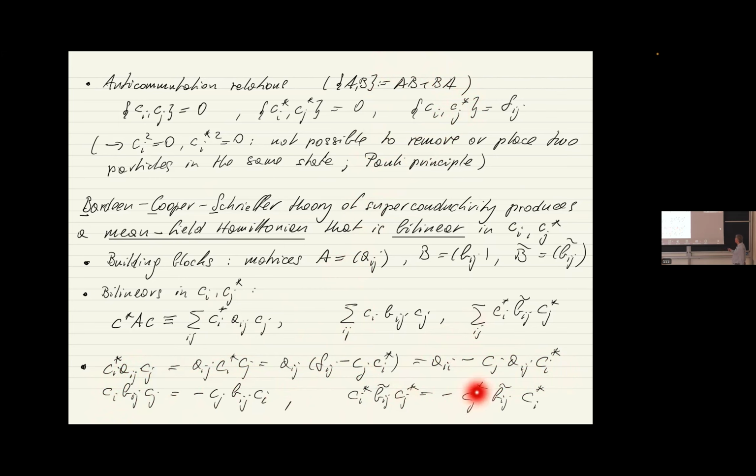In this case, the j is not adjacent to j, which involves some kind of transposition, a minus sign in front, and the shift by this number A_ii. It's easier with the B piece, where we just get the minus sign and also this transposition, and likewise with the indices.